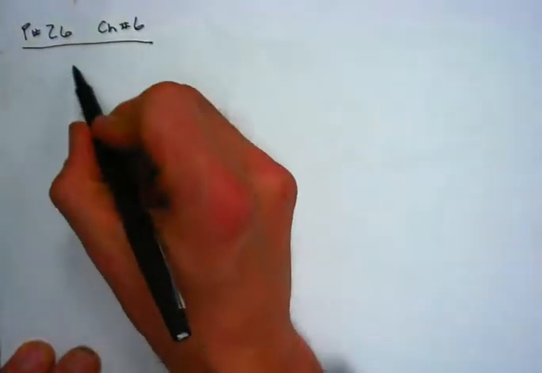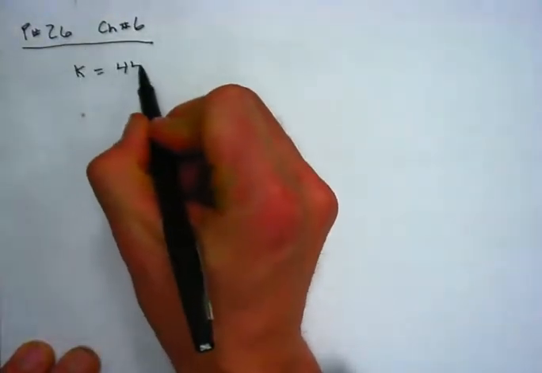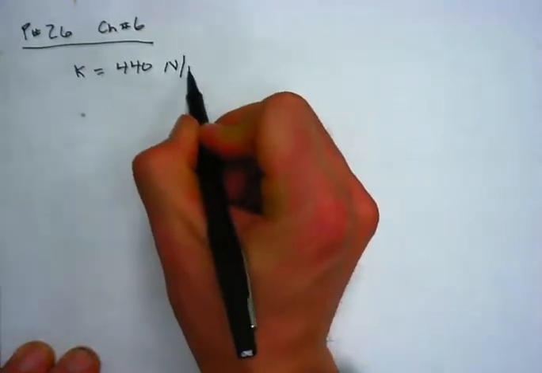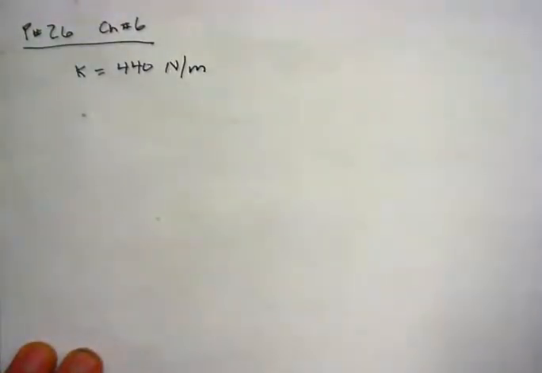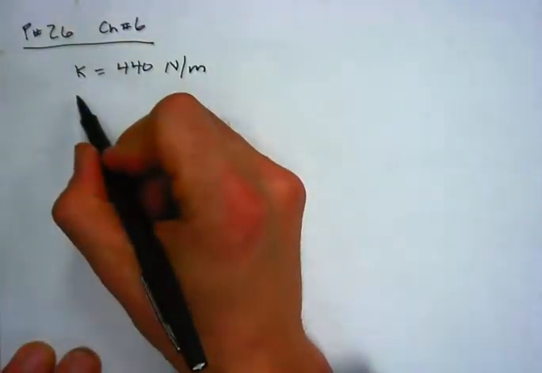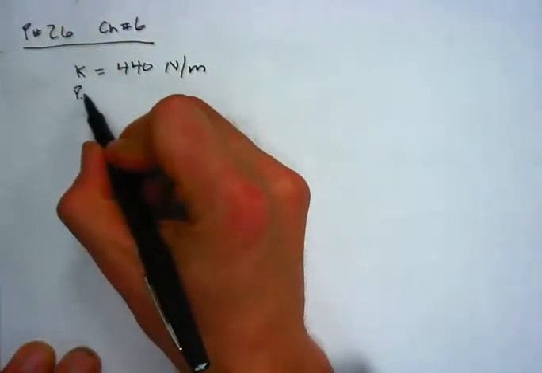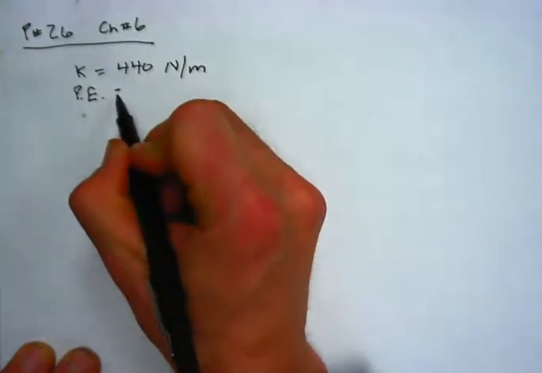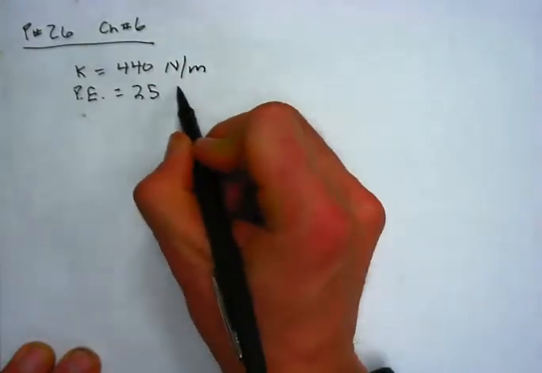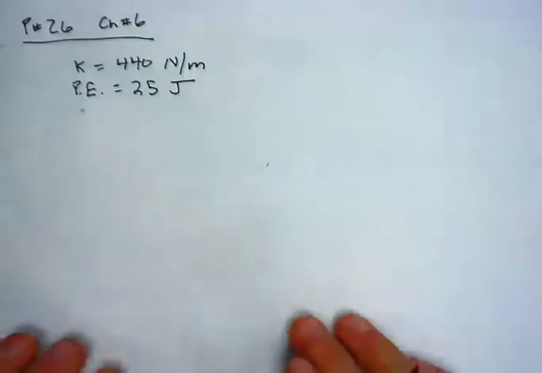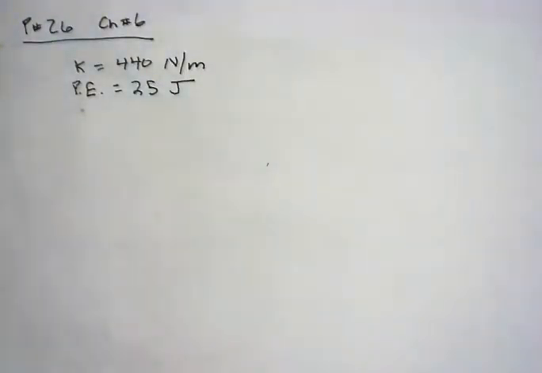This problem states that I have a spring with a spring stiffness constant k of 440 newtons per meter. How far must this spring be stretched so that it stores a potential energy of 25 joules?